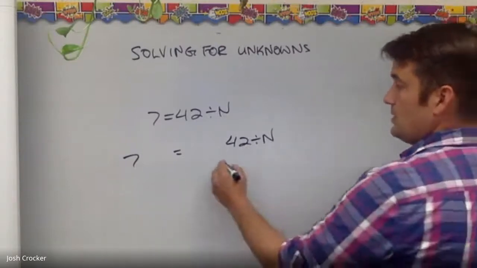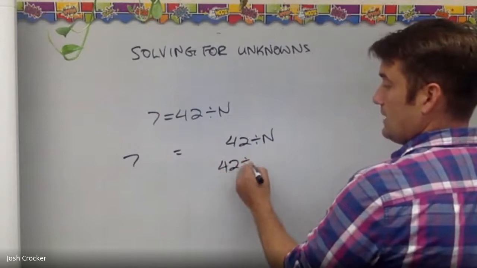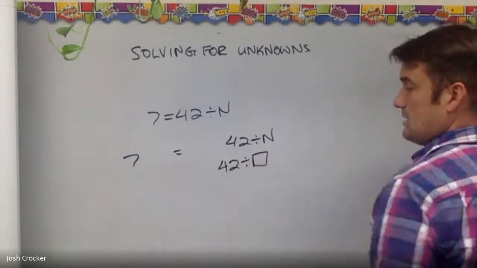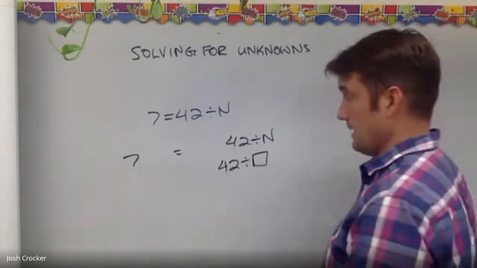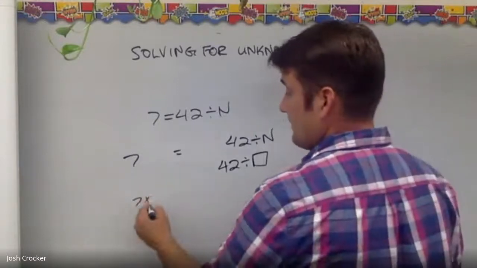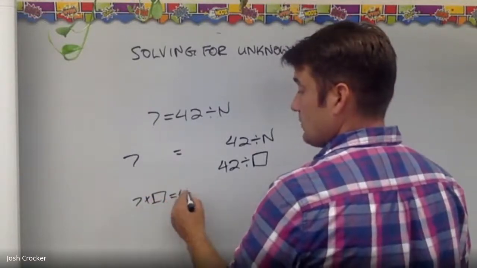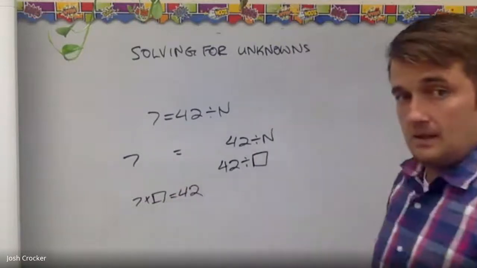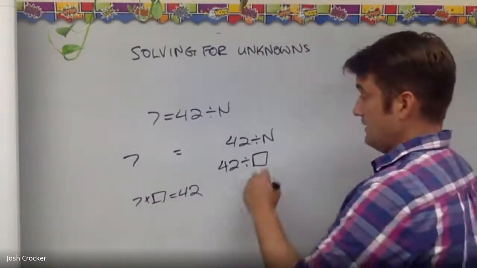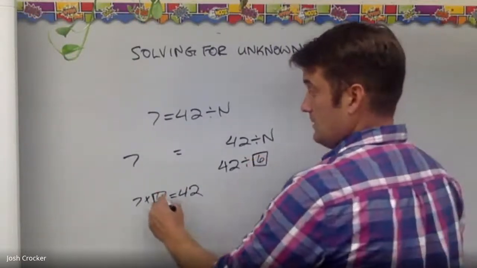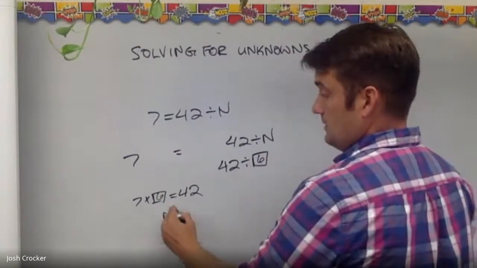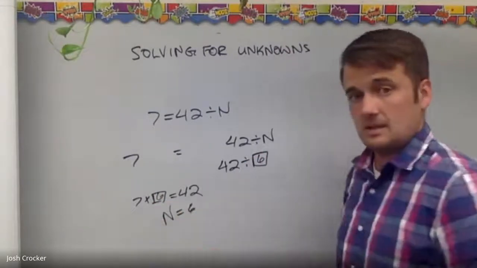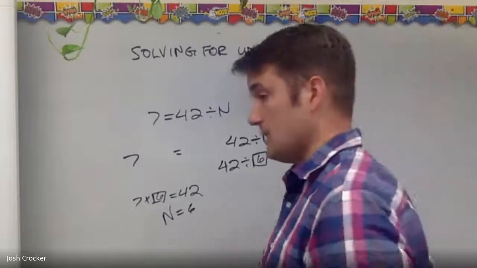Okay, 42 divided by something will give us 7. Or we could think of it the other way and say 7 times something equals 42. And in this case, it would be 6. Okay, so n equals 6, because 7 times 6 is 42.